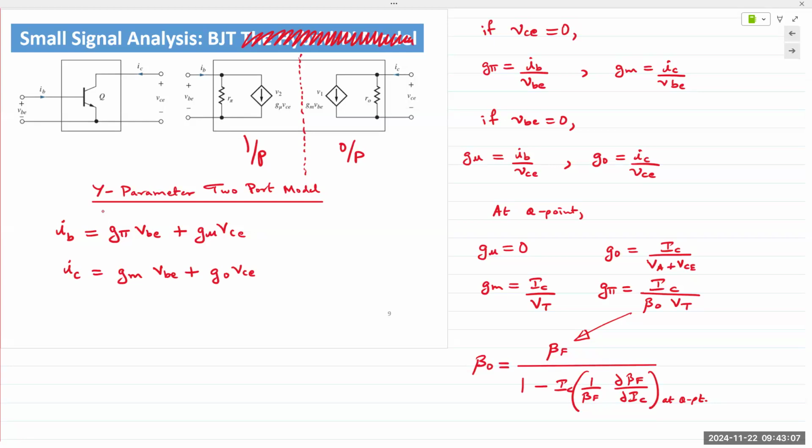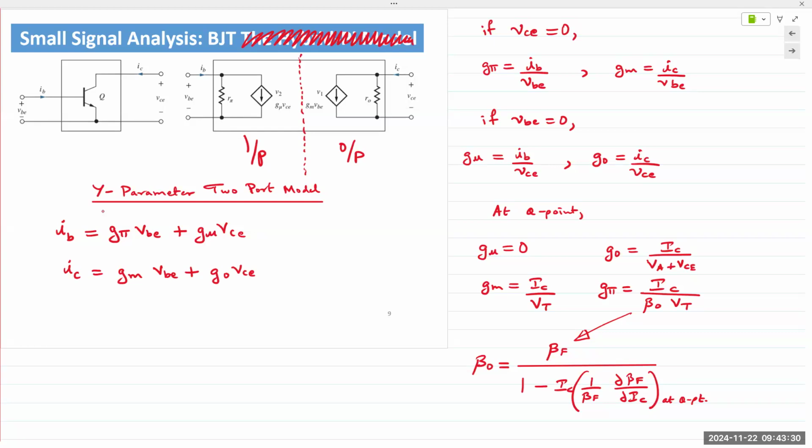Now, the reason it's called a pi model is because early on someone saw the similarity between the physical structure of the model, or description of the model, and the Greek letter pi. Okay, so conductance subscript pi is on the input side. It's showing you the input conductance.